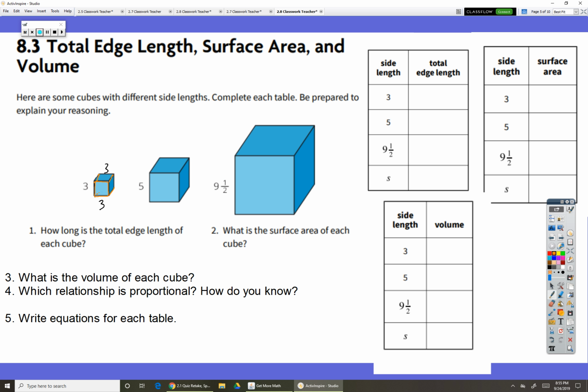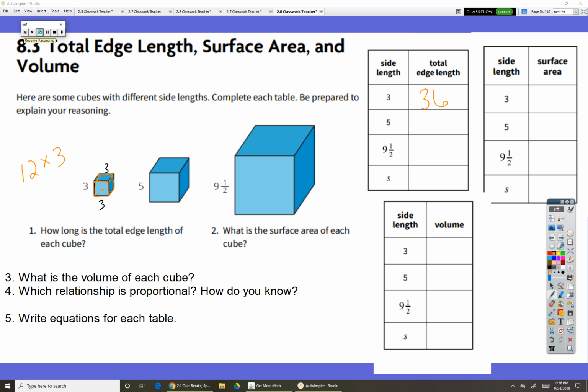Along the back, we're going to have 9, 10, this one you can't see, 11, 12. So we're going to have a total of 12 edges. So the total edge length of this cube would be 12 times 3. There are 12 edges. Each one of them is 3 units long, so the total edge length would be 36 inches.